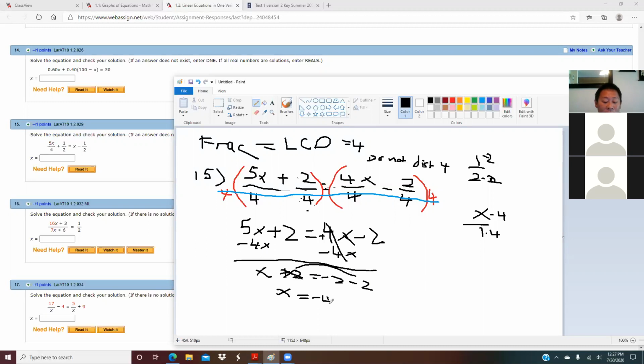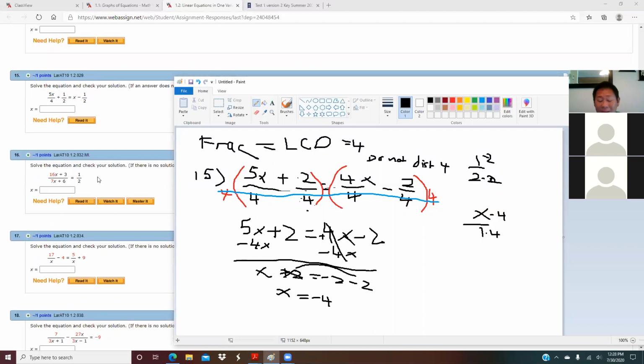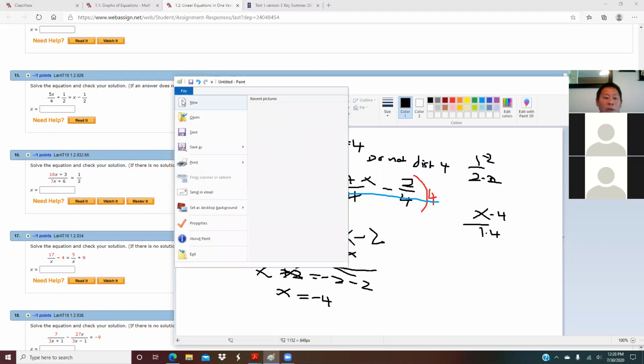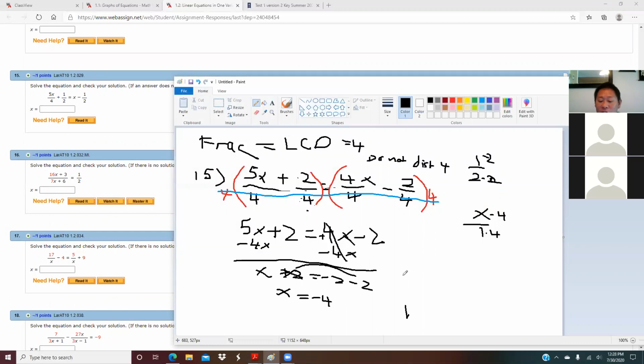So this is how we do it if you have a fraction and it is a number. How about question 16, when you get a fraction, but it is what we call a proportion? What is a proportion? A proportion is written down as A over B equals C over D. Question 16 is a proportion.